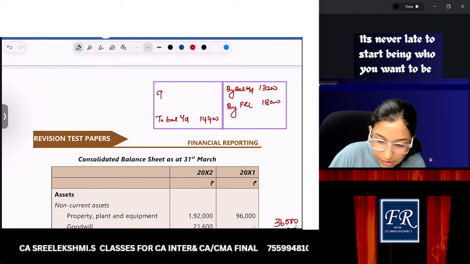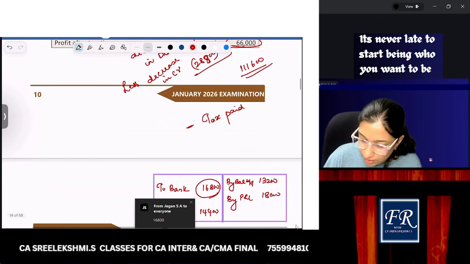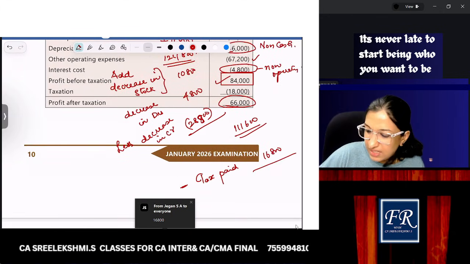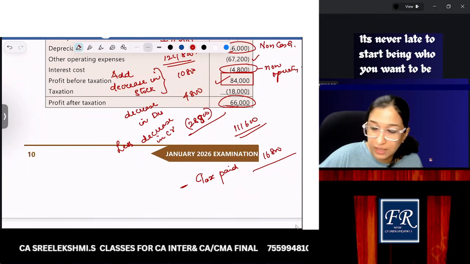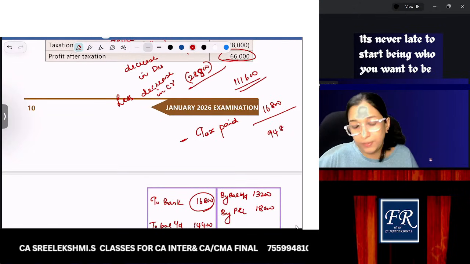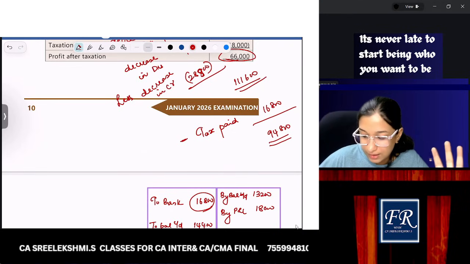Tax paid is to bank. Tax paid is 16,800. So 1,11,600 minus 16,800. So cash flow from operating activities will be 94,800. Cash flows from operating activities is 94,800.